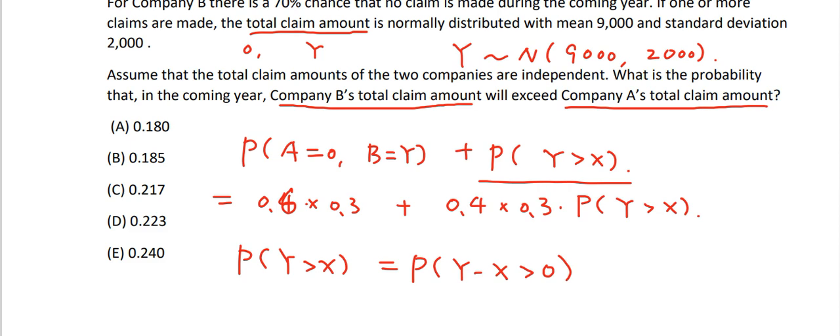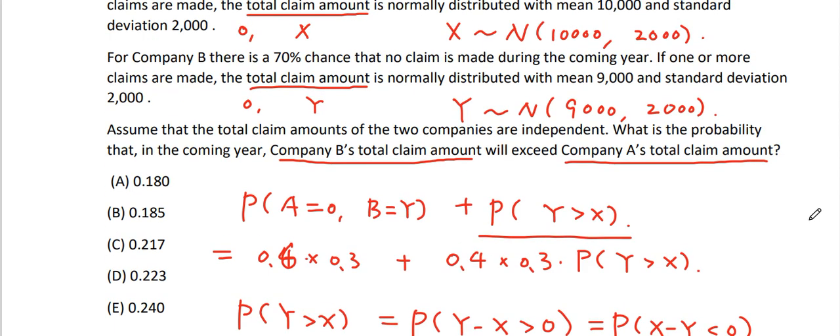Okay, maybe this doesn't matter. Okay, X minus Y less than 0. So we need to find the distribution for X minus Y. X follows this normal, Y follows this normal. So X minus Y follows this normal. Mean is this minus this.